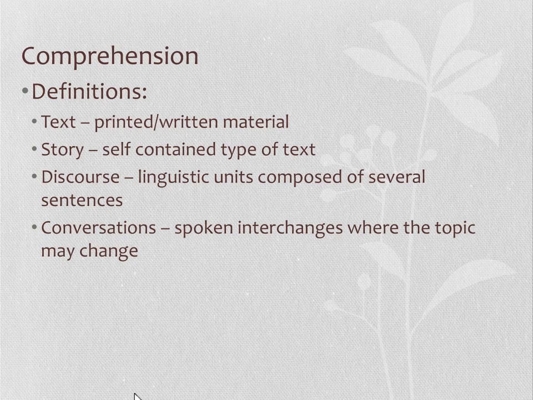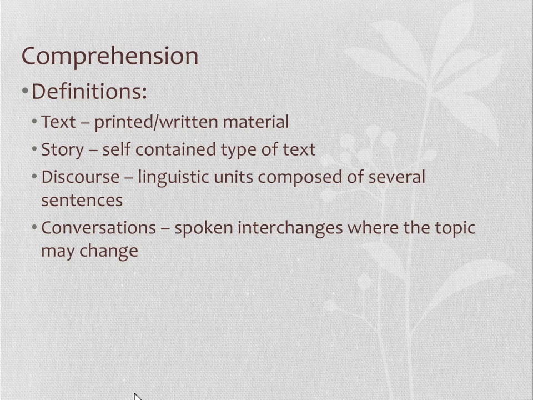So just getting some basic definitions here. Text, anytime we talk about text, is the literal printed written material, the sounds that you're hearing, the words that people are speaking. The story is a self-contained type of text. If we think about reading, a story might be an individual storyline. Discourse is a linguistic unit of several sentences.